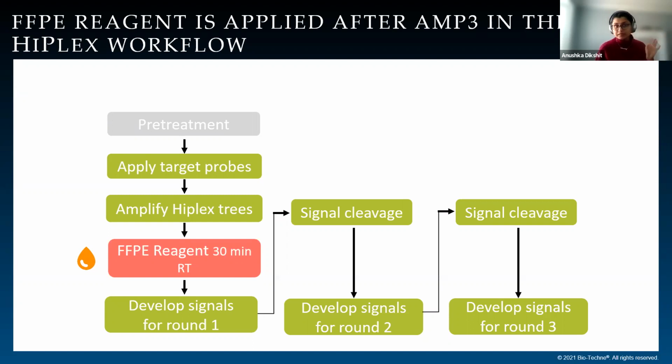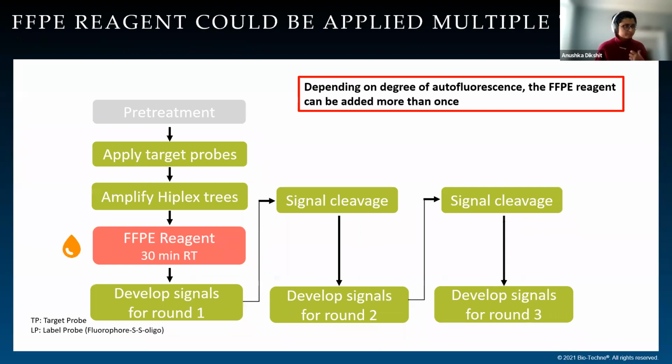Now, this is what you absolutely need when you're working with FFPE tissues. But in some cases, when you're working with certain highly autofluorescent tissues that are stubborn, that have a lot of blood vessels, etc., you have the option of using this FFPE reagent more than one time as a part of your workflow.